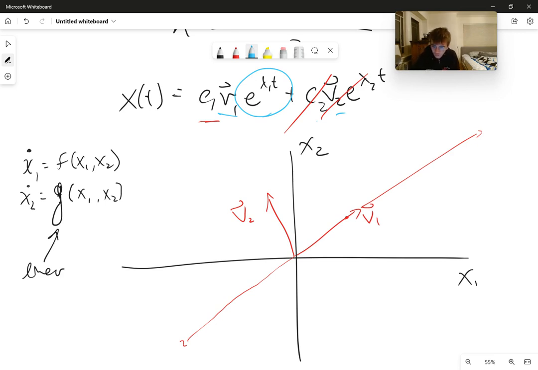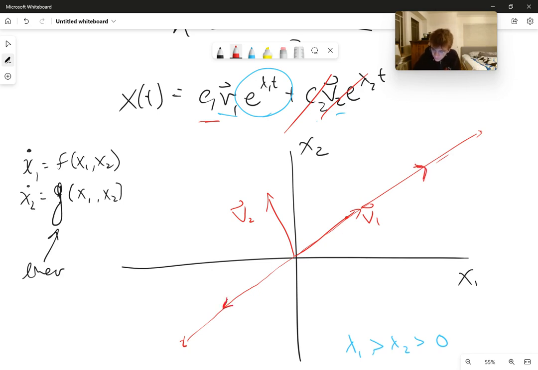And so if we started off with the case that lambda 1 and lambda 2 are positive, I'm going to be more specific and write it down here: lambda 1 is greater than lambda 2 is greater than 0. So I know that along this line spanned by the eigenvector v1, I'm going to have solutions that grow exponentially.